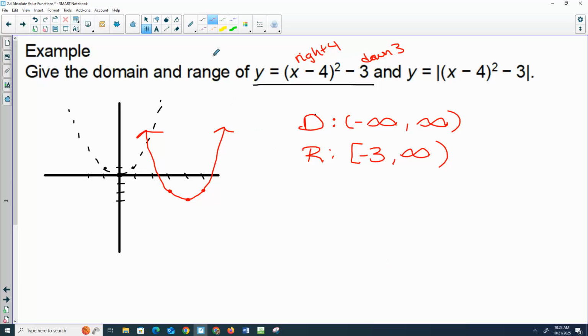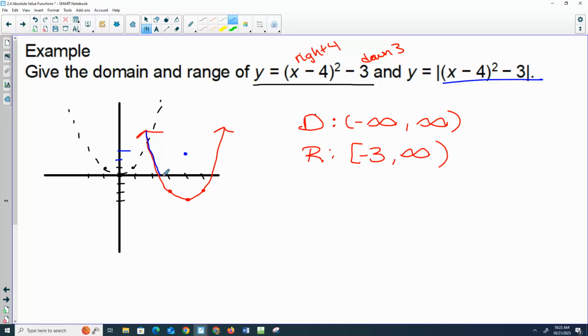If I ask you for the absolute value, the only thing that will change on this is that negative section, because what would be the absolute value of a negative? Positive. So if I said do the absolute value of this, the positives wouldn't change. These negatives would become positives.